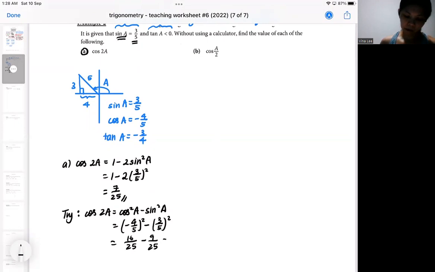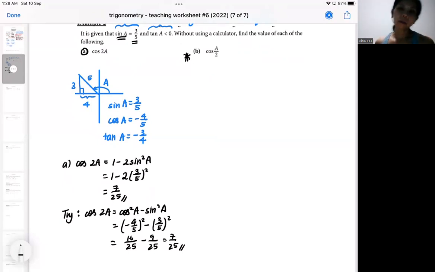Okay, you will still get the same answer. For the three formulas of cosine 2A, you shouldn't be getting a different answer. Okay, now the trick lies with the cosine. The difficult one lies with cosine A/2, which is like the half A.